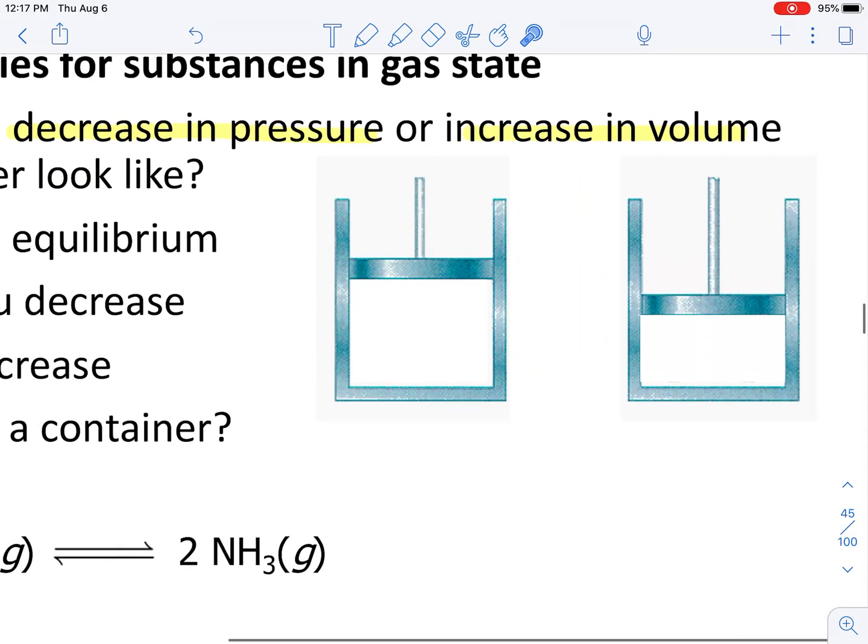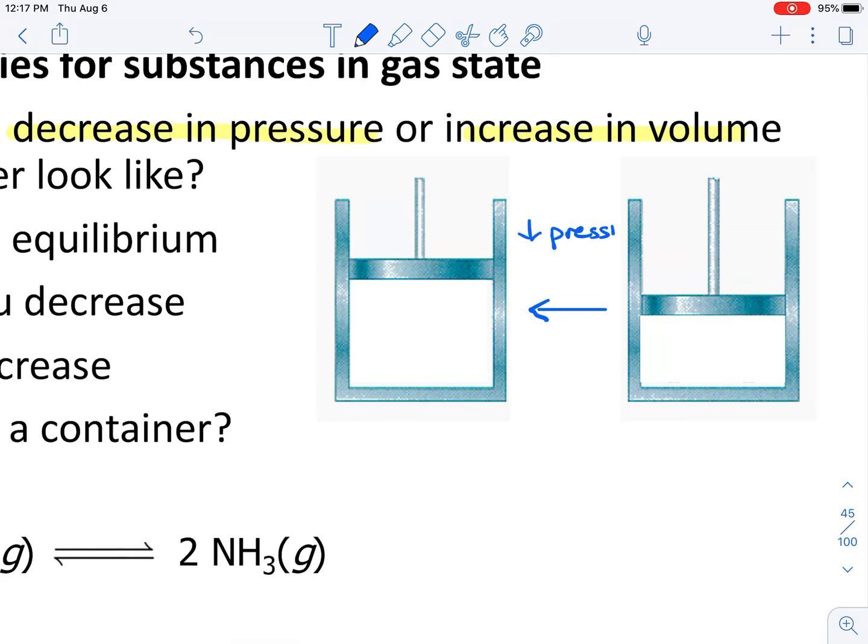And so this is the scenario where we're actually starting from the container on the right hand side, and we're moving to the container towards the left. This is an example of a decrease in pressure. Actually, let me do that in black.